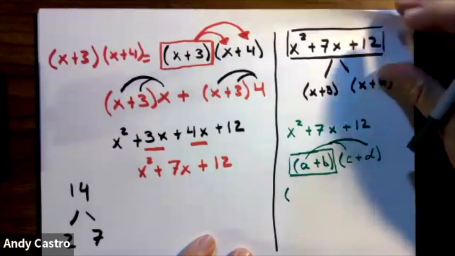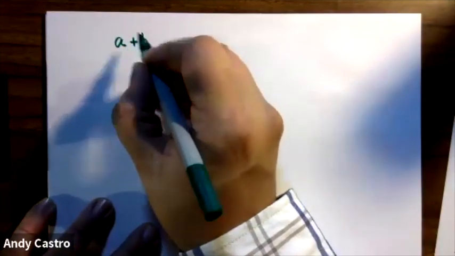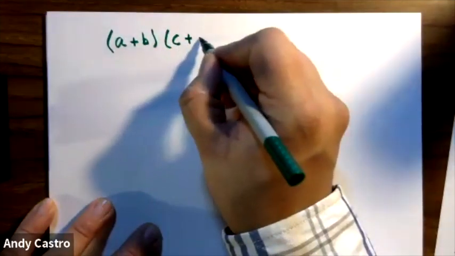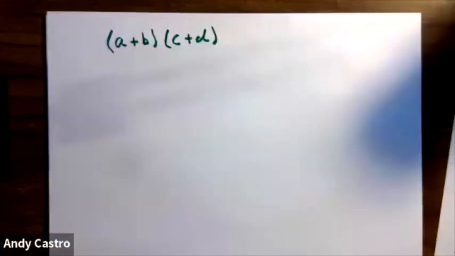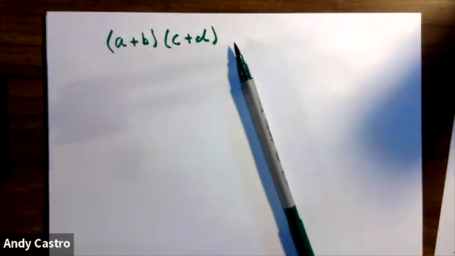In fact, let me do this on a new sheet of paper. So let's start with generically a plus b times c plus d.